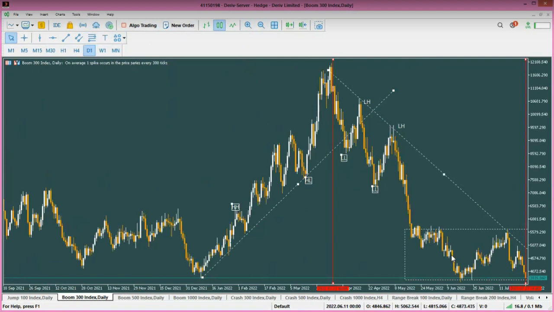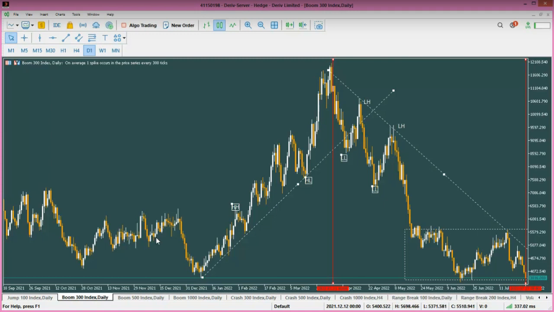If you can identify a trending market, it will be easy for you to trade it. Now you have identified that it is a bullish market, so what are you waiting for? Can you wait for a sell opportunity on a bullish market? You cannot. What you have to wait for is an opportunity to buy, because you have to trade with the trend.